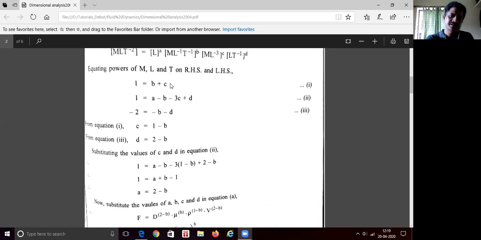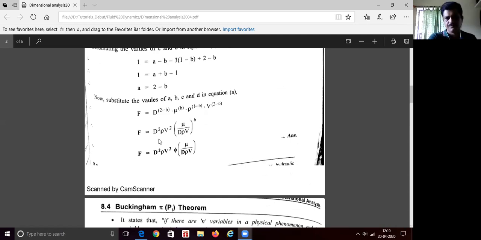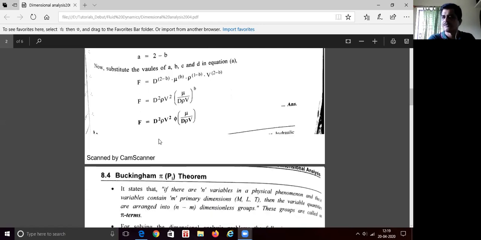This Rayleigh's method, let us take up some 2-3 problems in the classroom also, because online you can understand these things only to some extent. Solve some 1 or 2 problems, then you will be familiar with it and you will become expert in that.